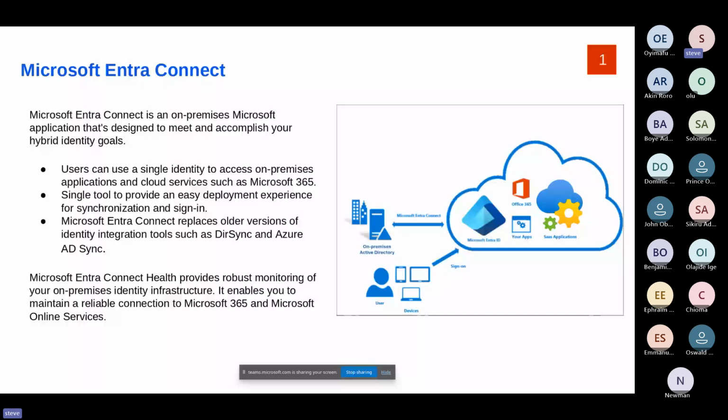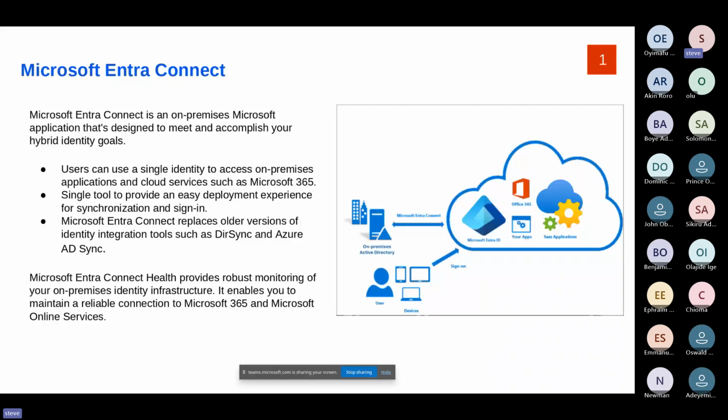Now, one thing that I love about the Microsoft Entra Connect is that it is a lightweight tool that when installed on the on-premise environment, it allows you to seamlessly synchronize with your cloud environment, your cloud application and your cloud services as well. Then we have the Microsoft Entra Connect Health, which provides a robust monitoring of your on-premise identity infrastructure, and it enables you to maintain a reliable connection to your Microsoft 365 and the Microsoft Online services.